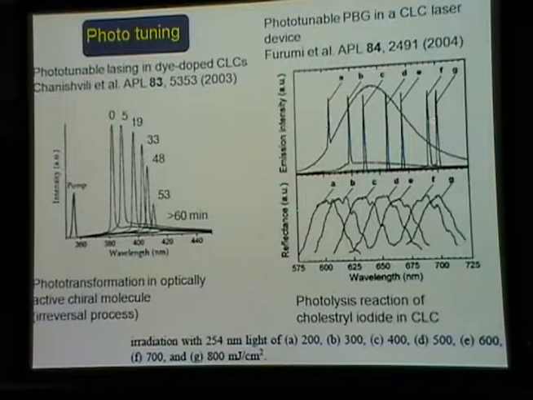So they succeeded in tuning quite a wide range by using irradiation of ultraviolet light. So this change occurs as the irradiation time, the irradiation energy, increases.